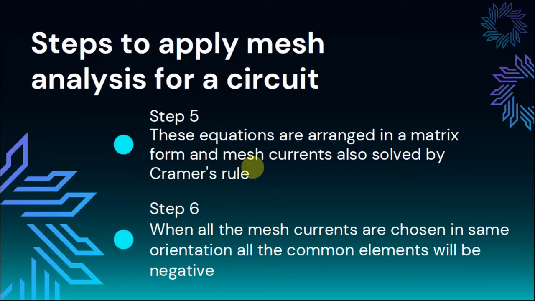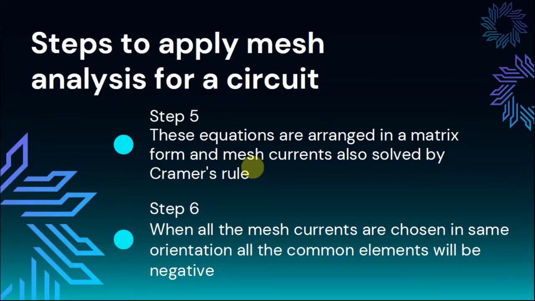The number of unknowns will be equal to the number of meshes. With 2 loops, you will have 2 unknown currents. With 3 meshes, you will have 3 unknown currents, I1, I2, I3, and 3 equations.